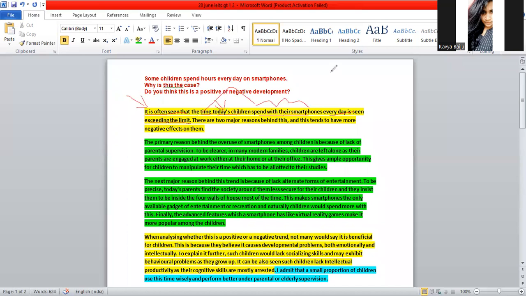The first question is, why is this the case? There are two major reasons behind this, which will be presented in the body paragraph. Either you can go ahead with two or three major reasons, or you can just highlight that this is the reason and this is the reason.